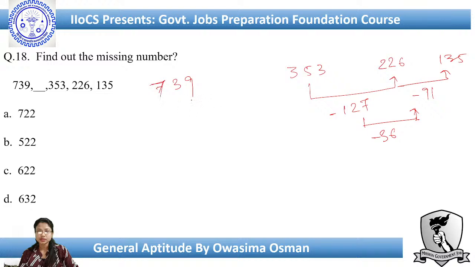So if we do 739 minus 217, we will get 522. And if we do 522 minus 169, we will get 353.